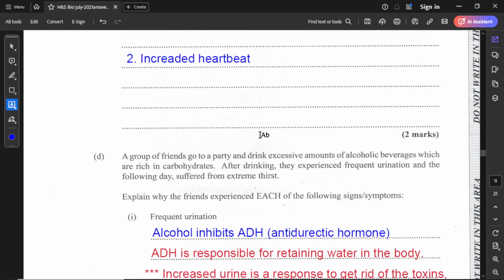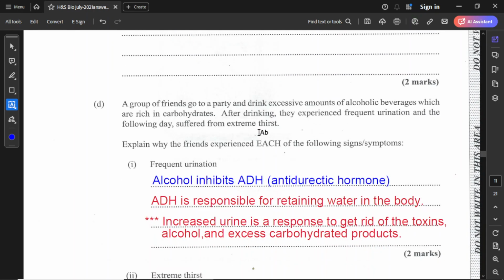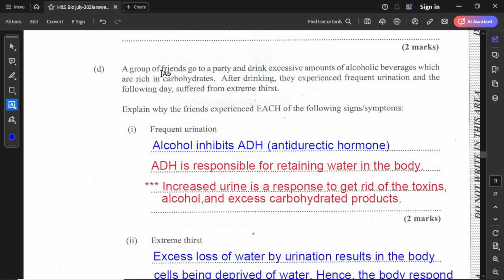All right, and part D is a group of friends go to a party and drink excessive amounts of alcoholic beverages which are rich in carbohydrates. After drinking, they experience frequent urination and the following day suffer from extreme thirst. Explain why the friends experience each of the following signs or symptoms.